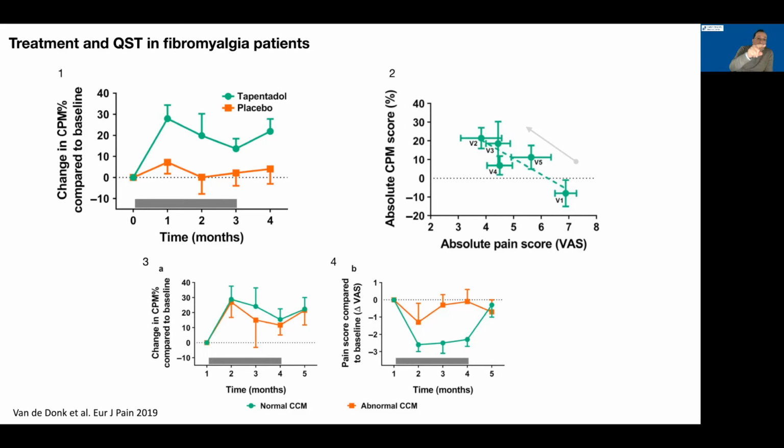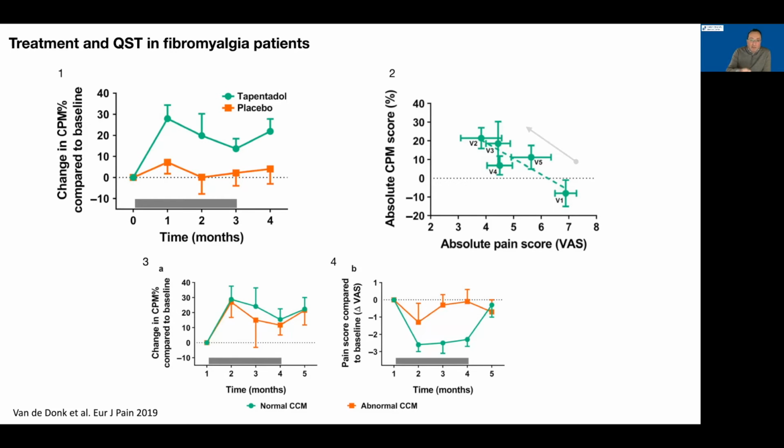And indeed, you could re-engage conditioned pain modulation during the 3 months of treatment in these pain patients with tapentadol. And what's so interesting is that we not only increased conditioned pain modulation, but on the right side, you can see that the increase in pain modulation coincided with a sharp reduction of their pain.